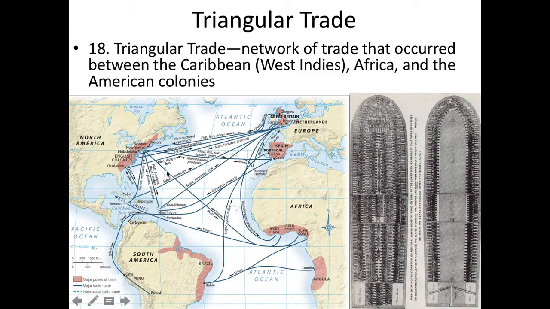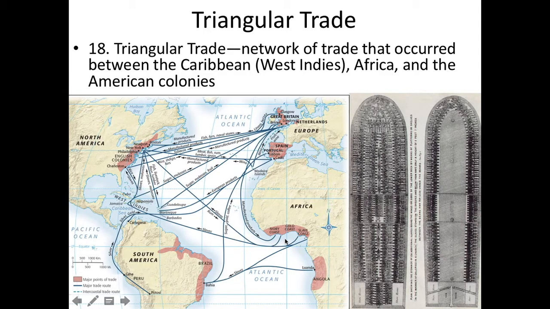But the third leg of this triangle is the more important one to know, and that's the slave trade. And so they would also trade slaves along with the products and the crops. And this passage across the Atlantic Ocean is going to be called the Middle Passage. You can see over here is a slave boat. They would come over to the African coastline.